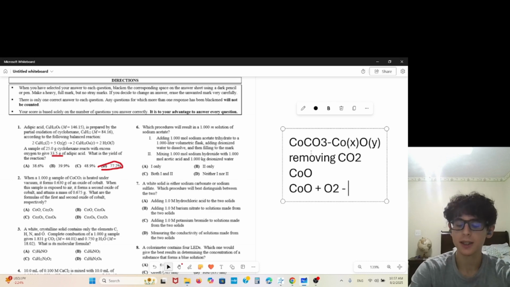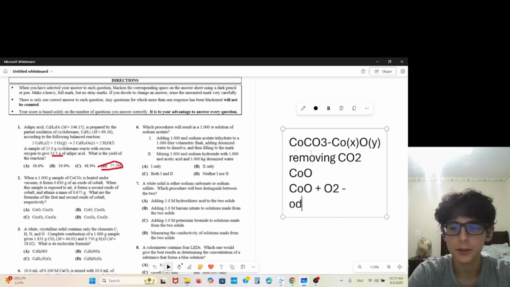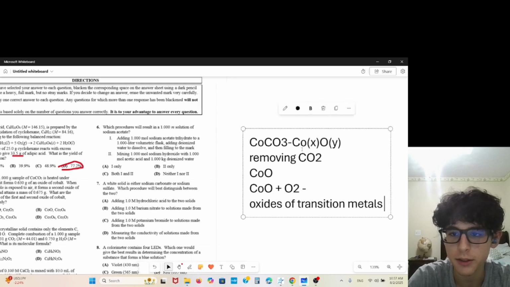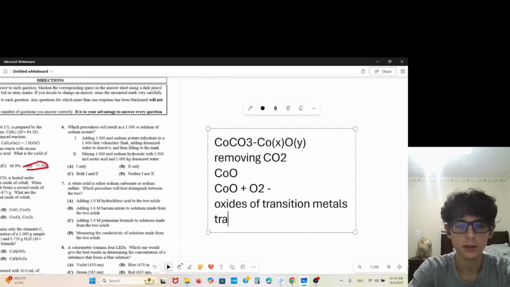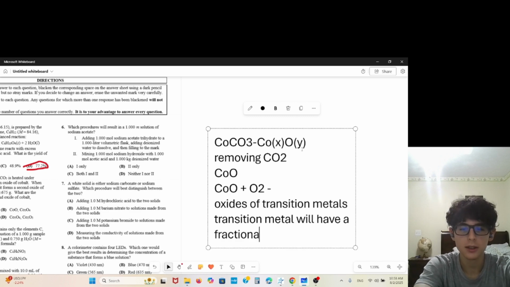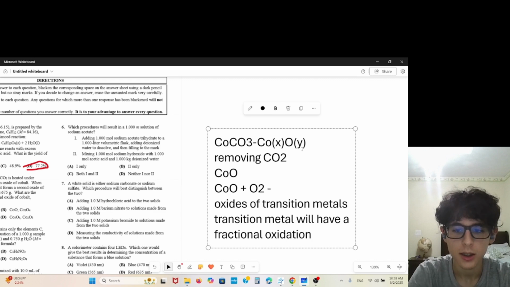Let me explain, this sounds confusing. Oxides of transition metals will have a fractional oxidation state. It's a common motif.